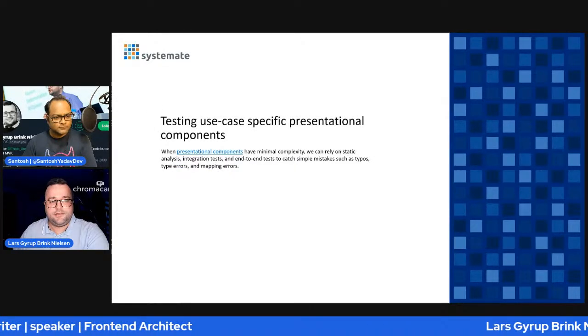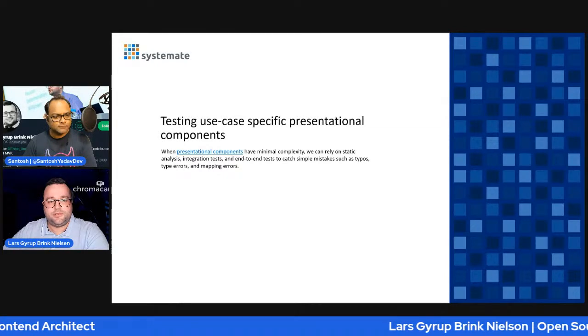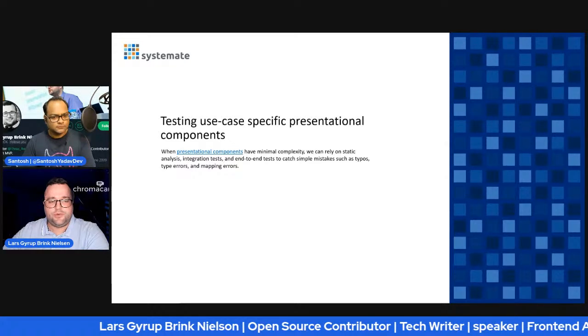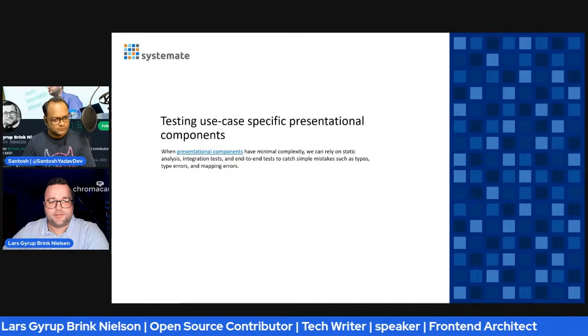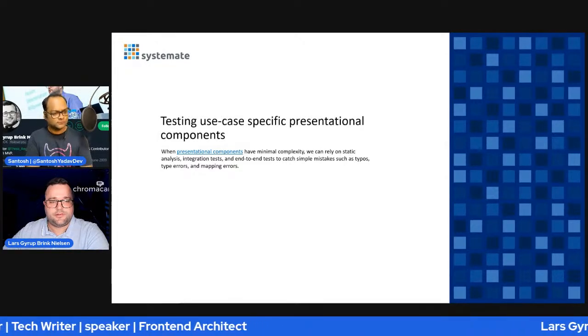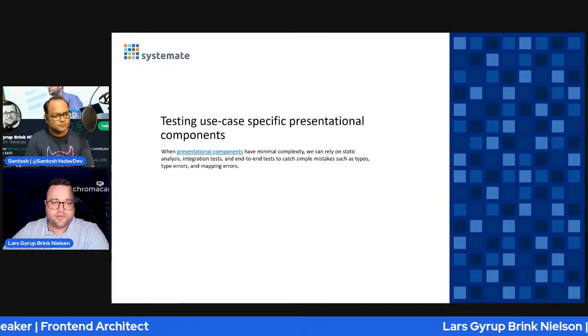So how do you test these use case specific presentational components? Well, when the presentational components have very minimal complexity, we can rely on the static analysis, the integration test, and end-to-end test to catch simple mistakes such as typos, type errors, or mapping errors. That's what we're discussing.